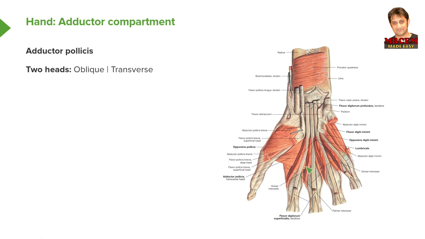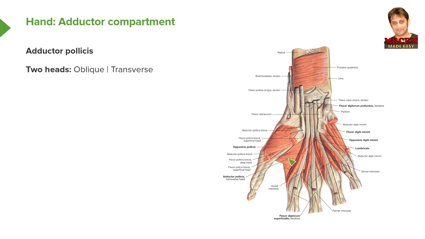It actually runs underneath here the tendons of flexor digitorum profundus and the lumbricals, which we'll come back to. It's running deep to those, but it's passing out from the central region of the palm. It's passing out towards the thumb, and it's got two heads. The more transversely orientated part of the muscle is the transverse head. The more obliquely orientated part is the oblique head.